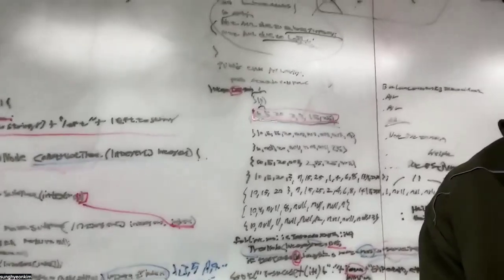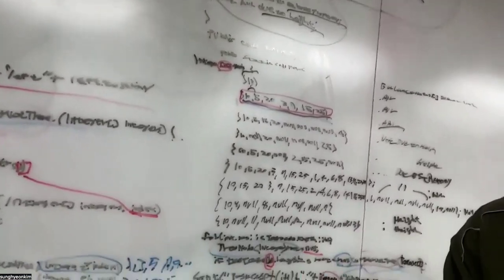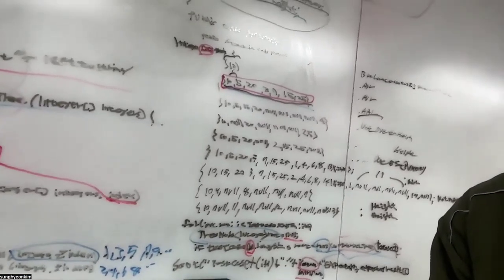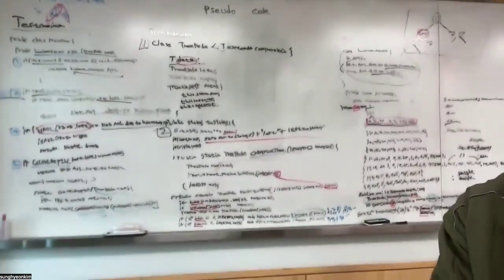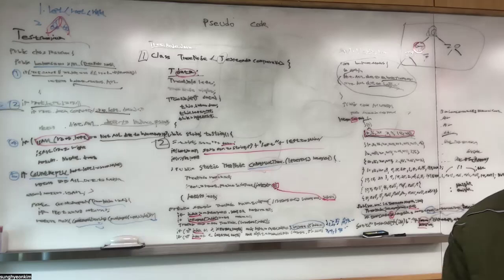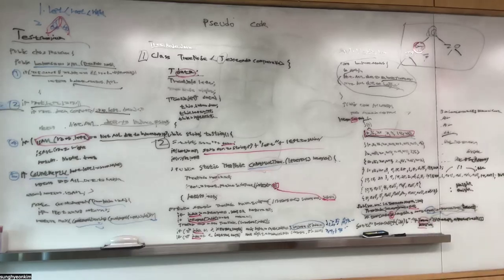Yeah. So we have 9 kinds of test cases for whether it is 3 nodes or not 3 nodes. Then what about judging wrong cases?